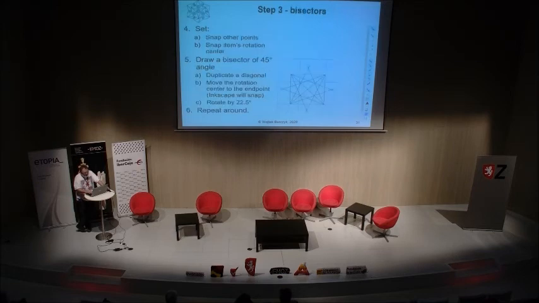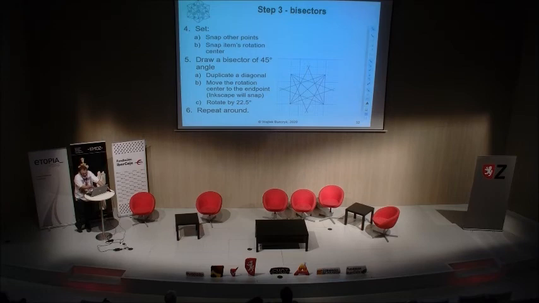Then the next step is creating bisectors. So we switch on the snapping point, snap item rotation centers. We duplicate a diagonal, move the rotation center to the end point, and rotate it by 22.5 degrees, and repeat it around.